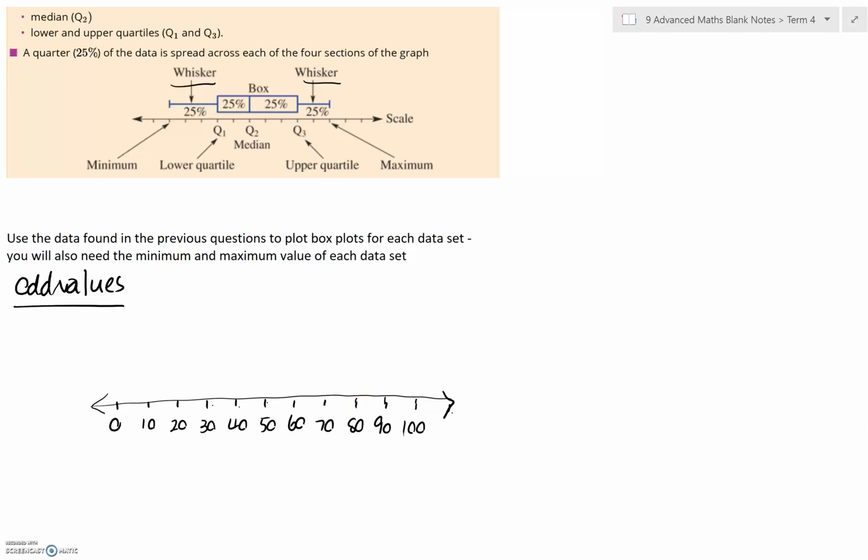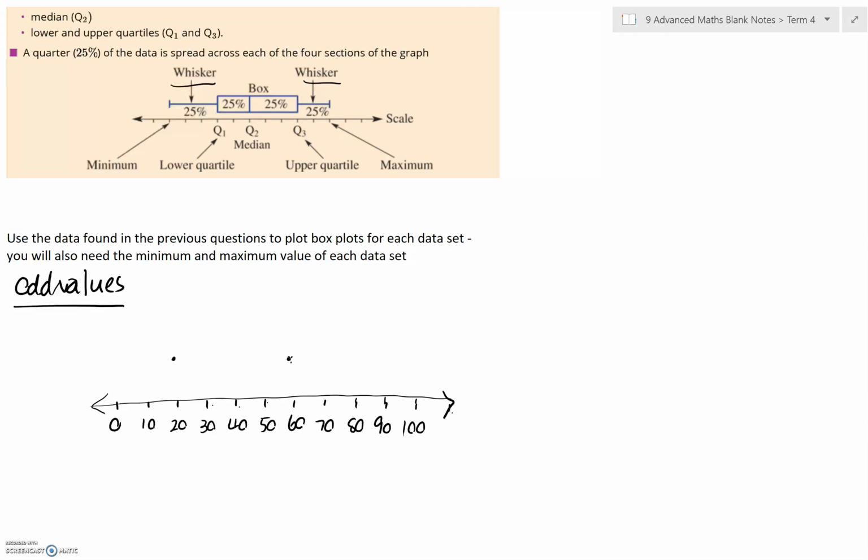Please have a straight line. Please use a ruler. The easiest way to plot this is to just plot those values that we had before. Our lowest value, put dots where they are, is 19. So that's approximately there. Our Q1 value was 59, so that is going to be here. If you do them all in a line with a ruler, that is going to make it very easy doing the box and the whiskers.